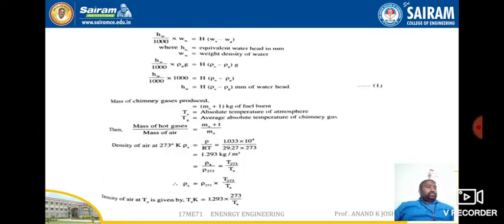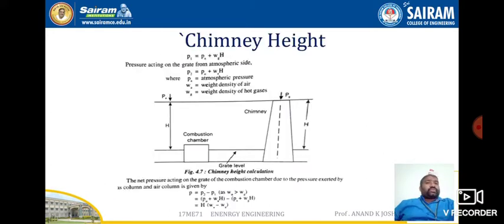This pressure difference is known as the static draft and is responsible for causing the flow of air through the chimney.